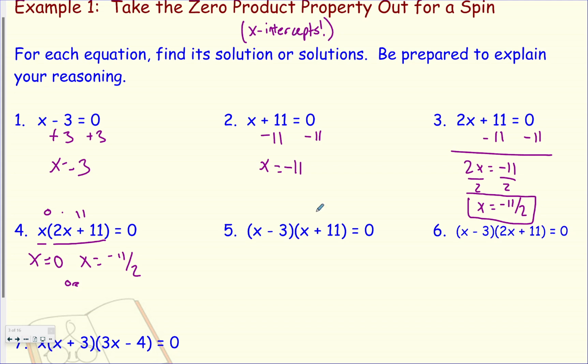All right, let's continue. What about this one? Now we have two separate factors: x minus 3 and x plus 11. Either one of these can equal 0.